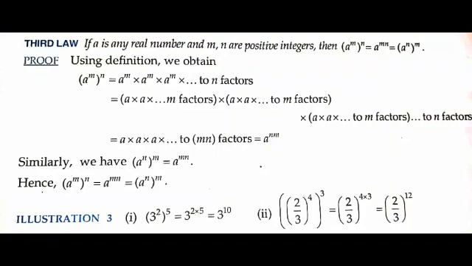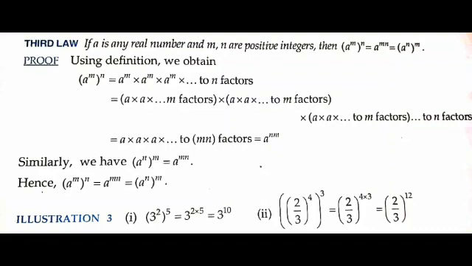Collectively, if you observe, you will find that a is a factor of (a raised to the power m) whole raised to the power n for m into n number of times. That is, we can write a raised to the power m into n.